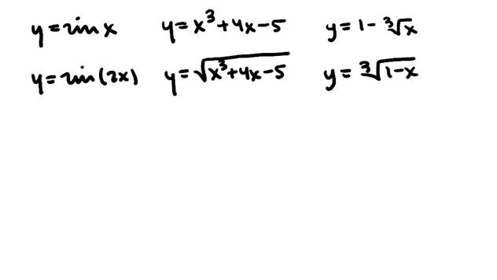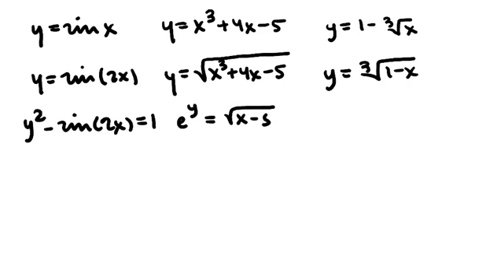Well, what if we had something like y squared minus sine 2x equaling 1, or e to the y equals the square root of x minus 5, or the natural log of y times the third root of 1 minus x equals 0? I don't know, something like that. These are the type of things that we're going to need to take the derivative of now. These are equations that are implicit, where x and y are allowed to roam freely.